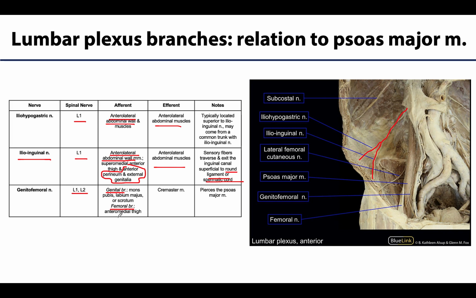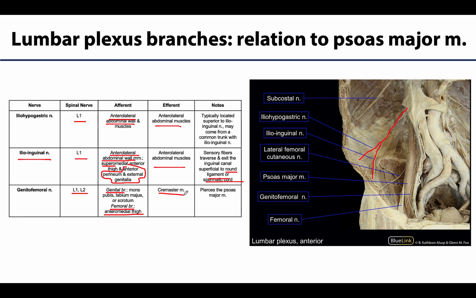The femoral branch of the genitofemoral is closely related as well, but it's going to be a bit more in terms of the anterior medial thigh, whereas ilioinguinal is going to be a bit more superior. In terms of efferent innervation, its genital branch is going to innervate the cremaster muscle.